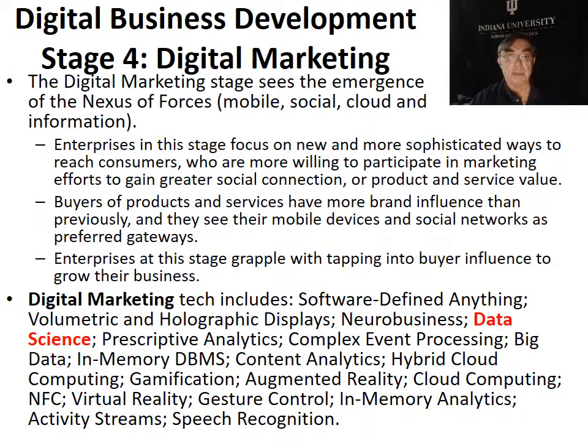All right, so digital marketing. Actually, these names are not terribly intuitive to me, but here we have the confluence of these three major activities or forces, as they say: mobile computing, social network, cloud computing, and just data.